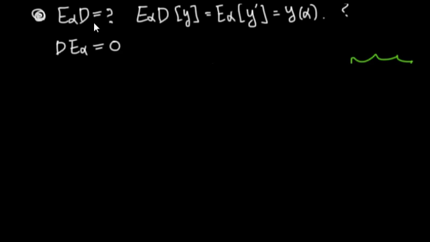So E alpha D and D E alpha is not the same thing. We've seen this type of non-commutativity in matrix algebra. So after we symbolize it, do not assume one operator written next to each other is the same as the operator written in swapped order.